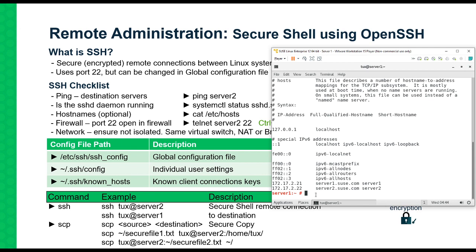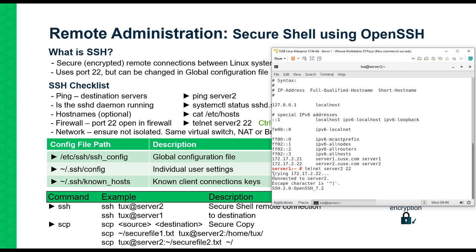Then we need to check if our firewall is open. We would need to go to the destination server to check that, but the easier way to see if that port is being listened on is doing a telnet. So let's do a telnet to server 2 and the port number we want to test. In this case, we know it's port 22 for SSH, and we press enter.